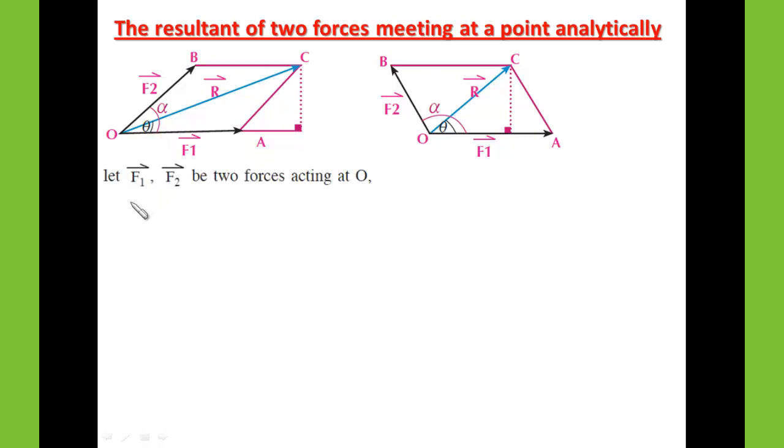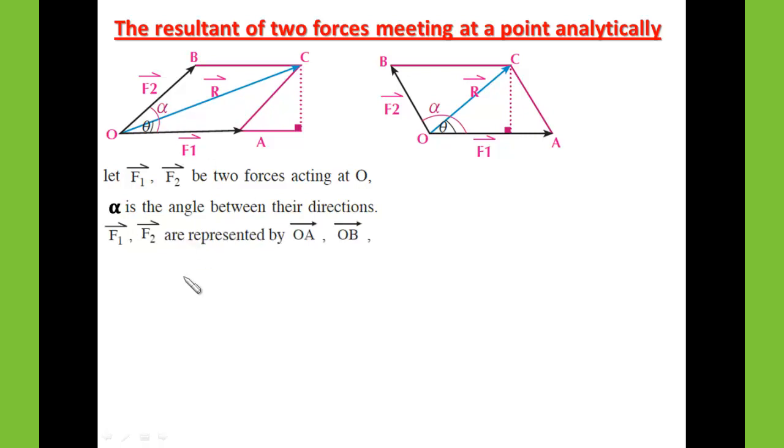So let F1 and F2 be two forces acting at O. Alpha is the angle between their directions. F1 and F2 are represented by OA and OB. R is represented by OC.